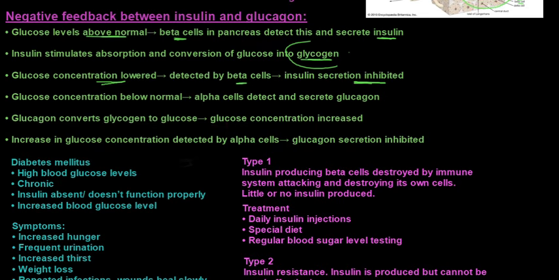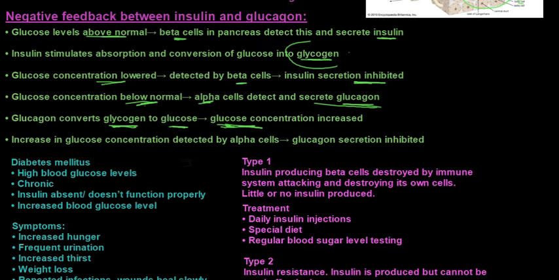Once the glucose concentration goes below normal, so when it's very low, the alpha cells in the pancreas detect this and they secrete glucagon. So glucagon will then go and convert glycogen back to glucose, and thus the glucose enters the blood again and the glucose concentration is increased.